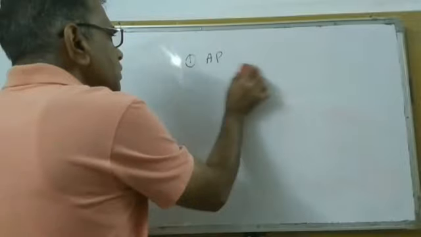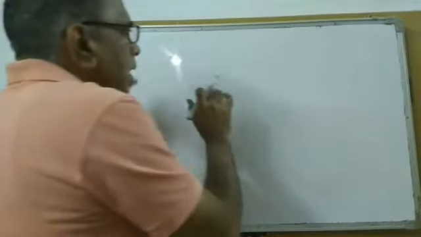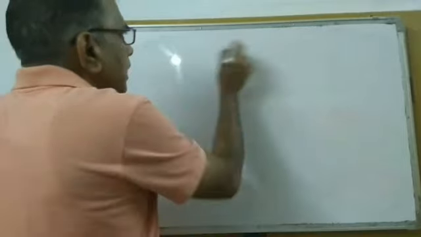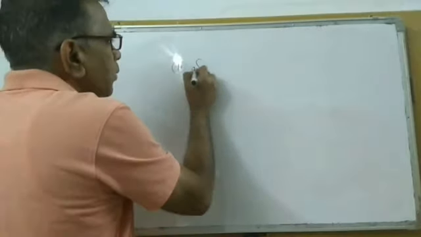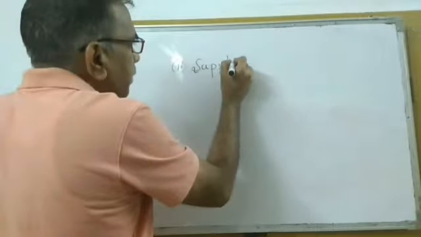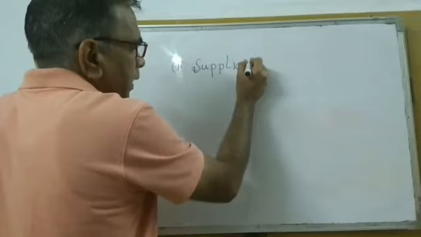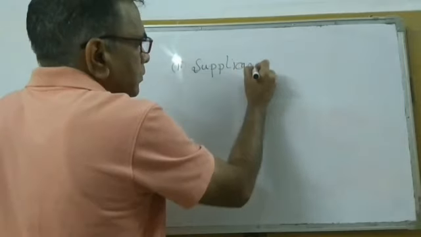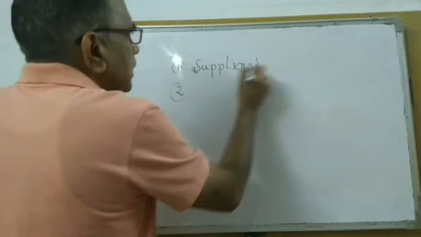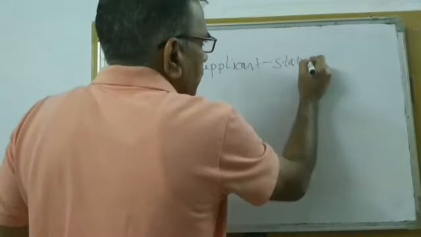As you know the jobs of the AP and the station, in this process we call the station a supplicant. These are our stations. We identify the station as a supplicant.